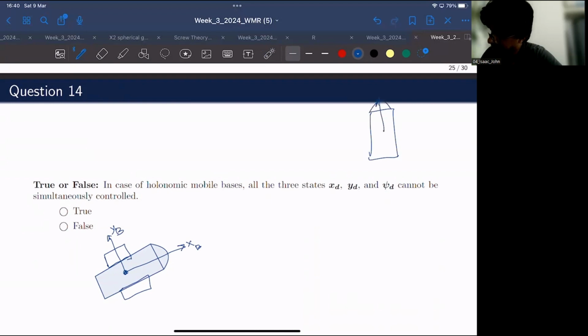So this is XB, this will be YB, and these are the tools. So this is a non-holonomic robot.